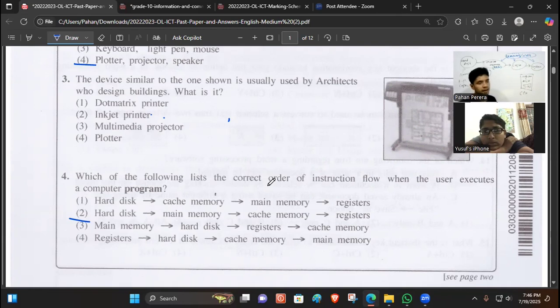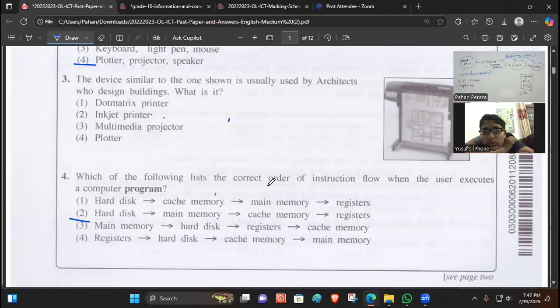Then we have a chance to process another set of data, which will be taken from cache memory to register, and they can be processed now. These registers are available inside the central processing unit. The cache memory is also associated with the central processing unit.